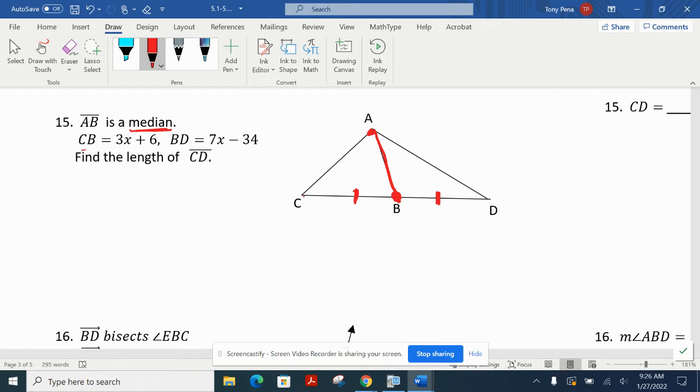Well, then I tell you that CB is 3x plus 6, and then from B to D is 7x minus 34. Since this is a median and we know that that side got cut directly in half and we put these tick marks here, that is just telling us that those have to be equal to each other. They have to have the same lengths.